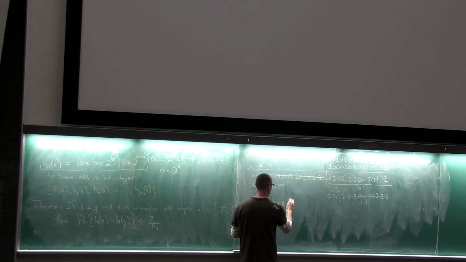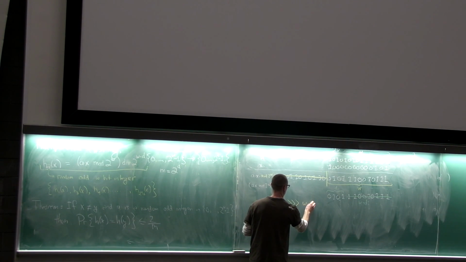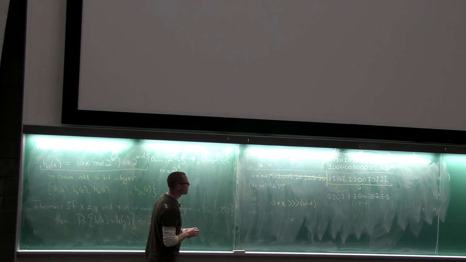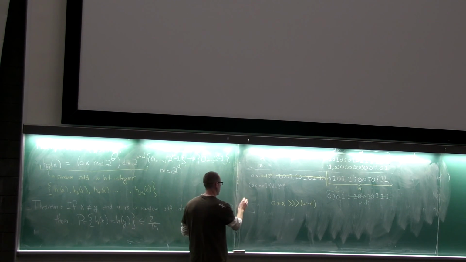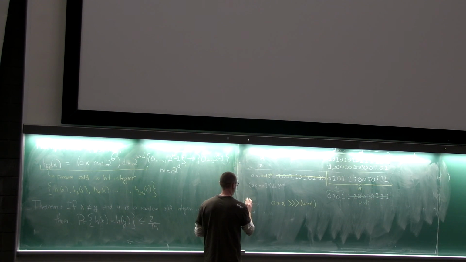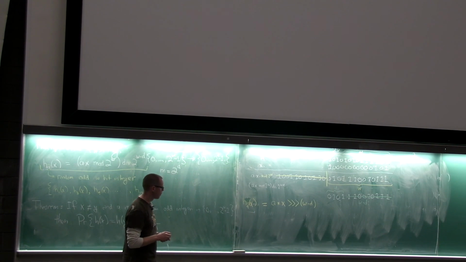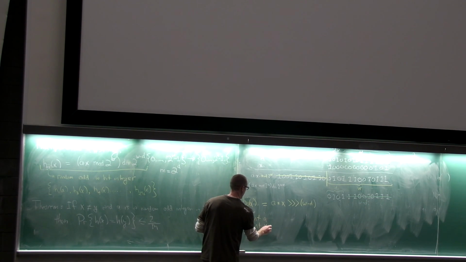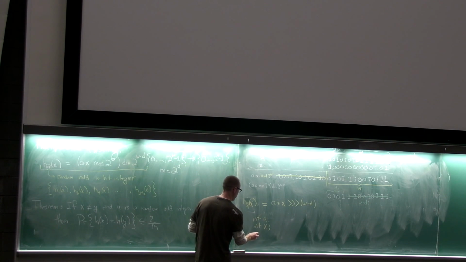And so that whole thing in Java looks like this. So that's h of a of x, if we were to write it in Java, and that would be for an int a, an int x, and that would be when w equals 32.